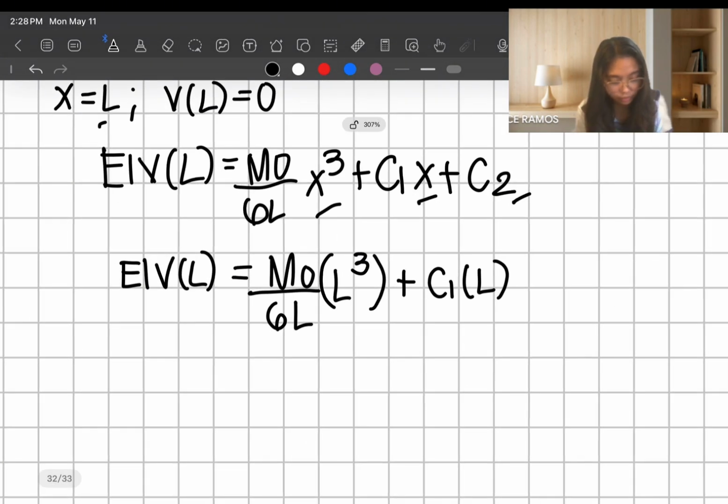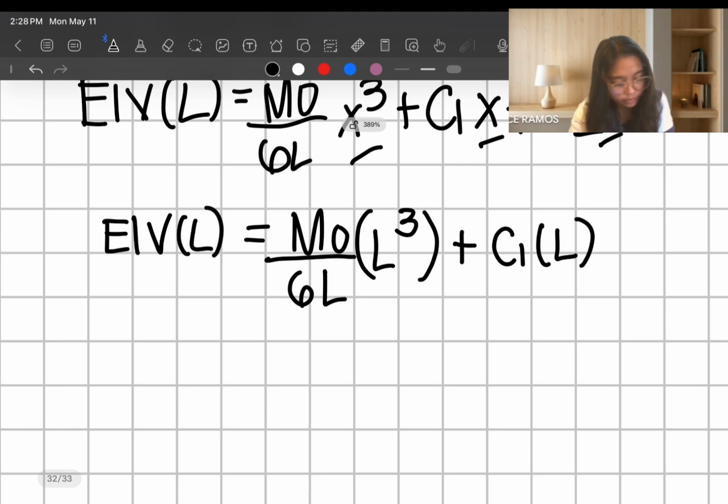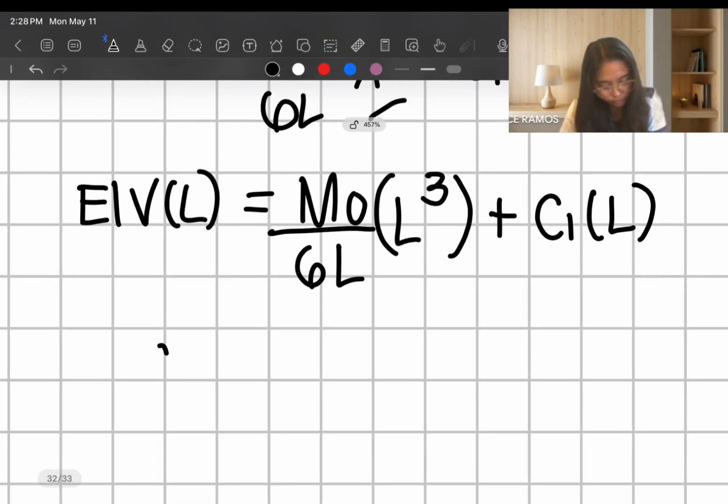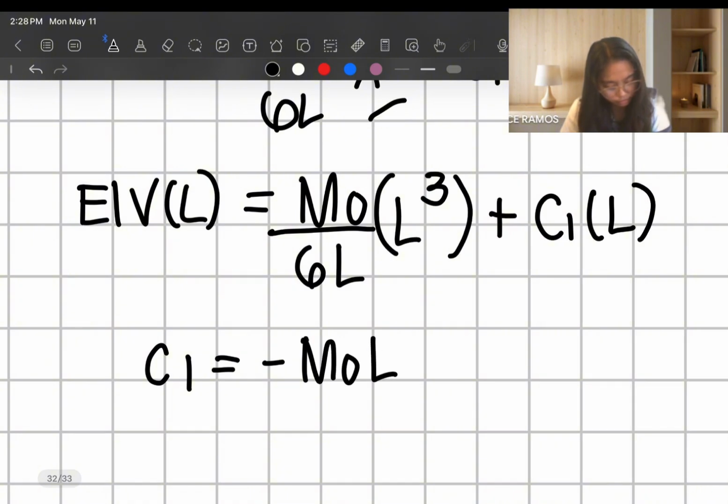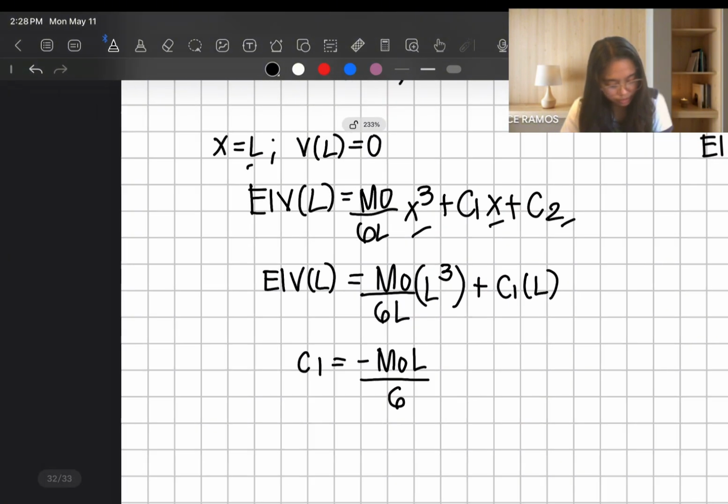So, simplify, we will get c sub 1 equals negative moment times the length divided by 6.